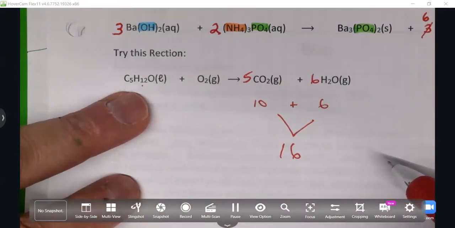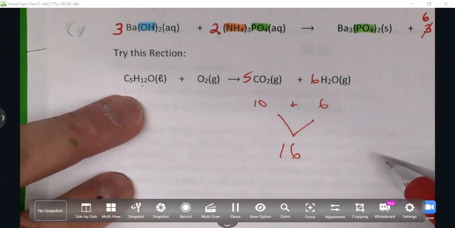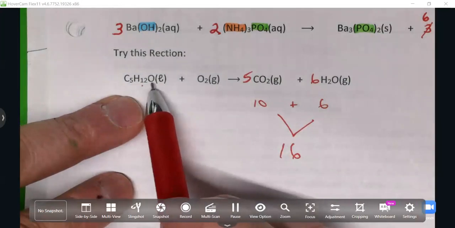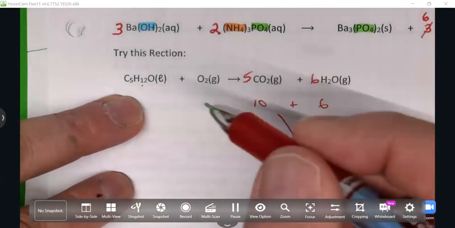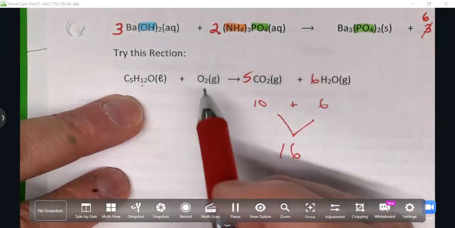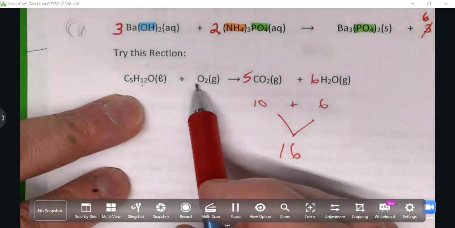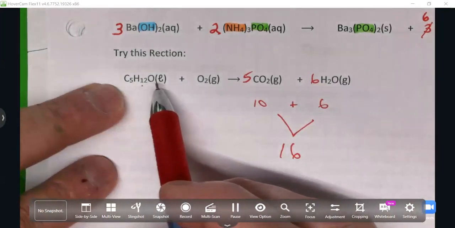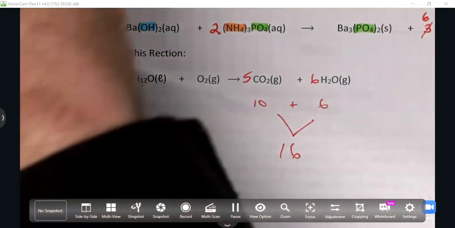So what can I do with this? I've got this odd number right here, don't I? So let's see. I cannot put an 8 here. That's going to give me 17. Let's try to make this number over here even.